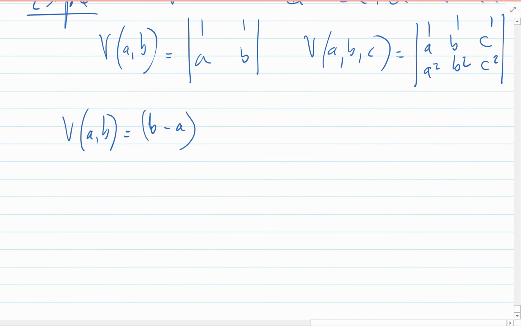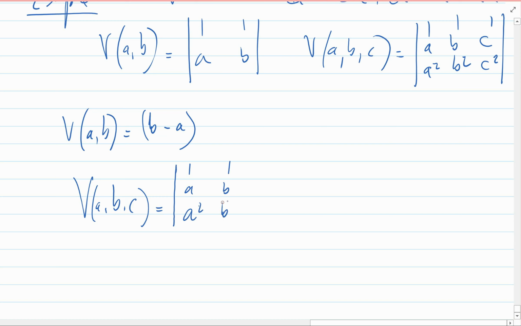Now let us look at the 3 by 3, V of a, b, c. Remember, a, b, c means a is the first one, b is the second one, c is the third entry. So we have 1, a, a squared; 1, b, b squared; 1, c, c squared. We keep the first column and take the second column minus the first column.